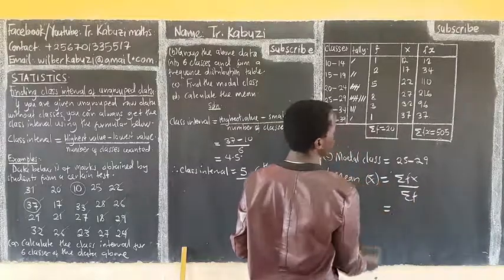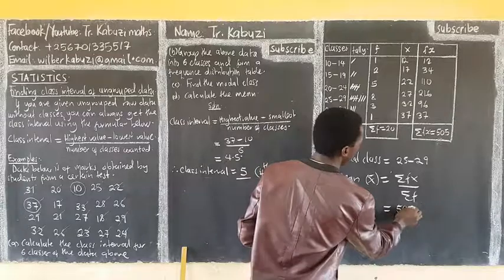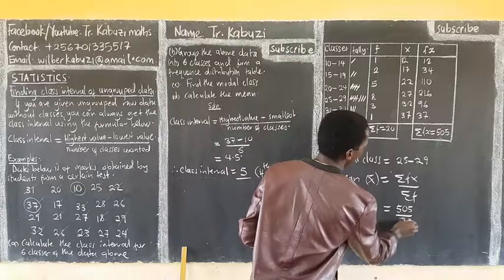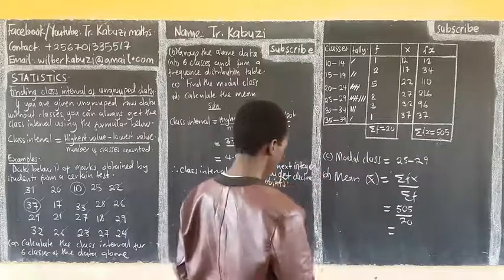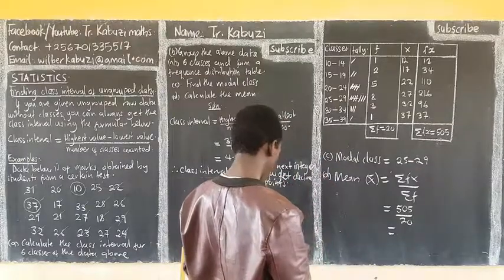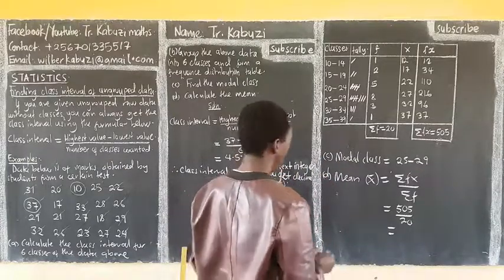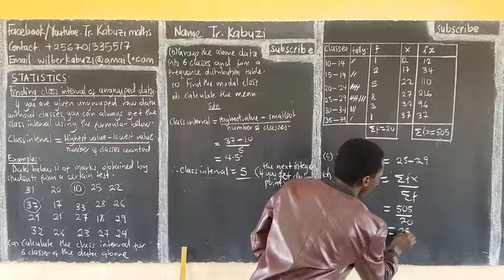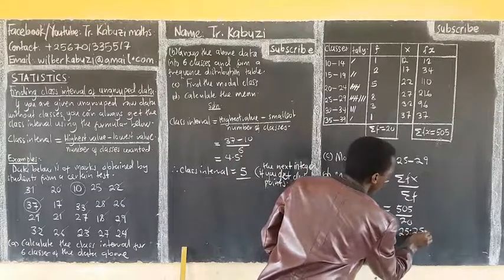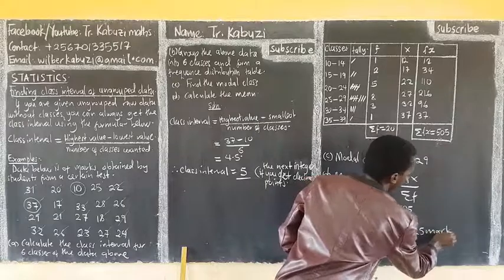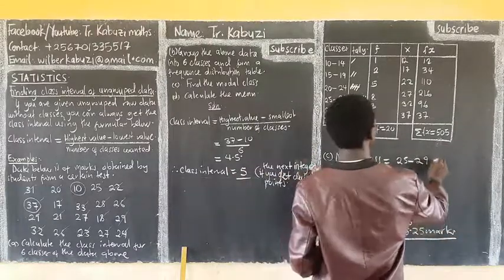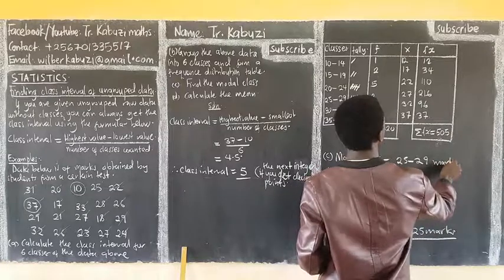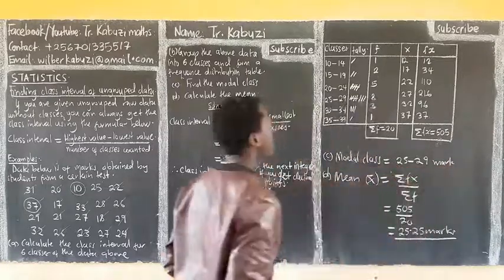This will give you 505 divided by 20, which will be 25.25 marks. You put there the units. So the modal class is the one between those limits, and those are the marks.